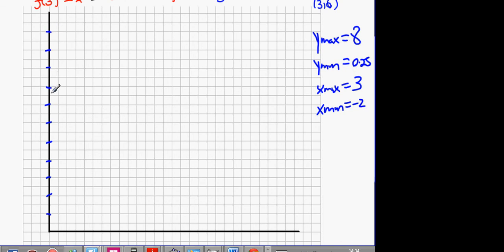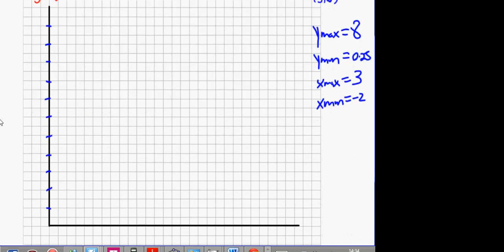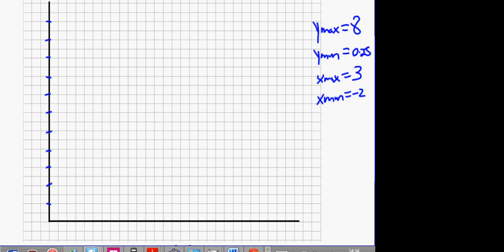I could make 3 is worth 1, but that doesn't go well with 0.5s and 0.25s. So here's what I'm going to do instead. Every gap of 2 is worth 1. This is 1, 2, 3, 4, 5, 6, 7, 8. That's as high as I need to go up.